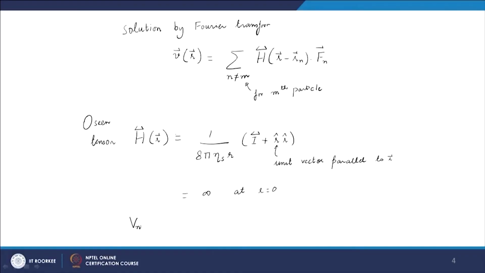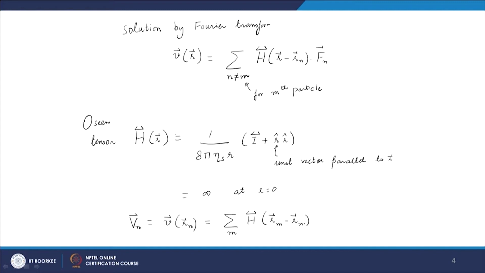So, we are going to assume that the motion of, say, nth bead is the velocity that exists at the position of the nth bead, which then is a sum over the H of r m minus r n.